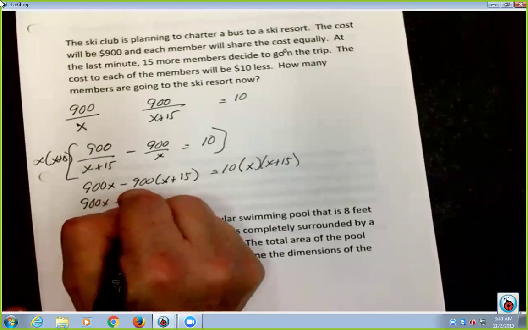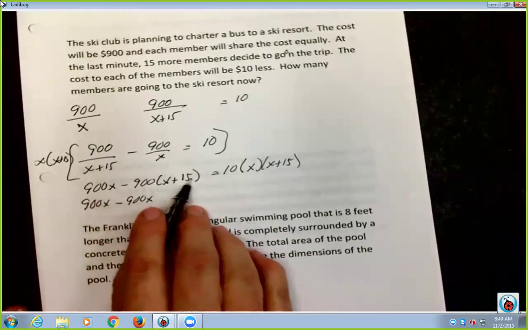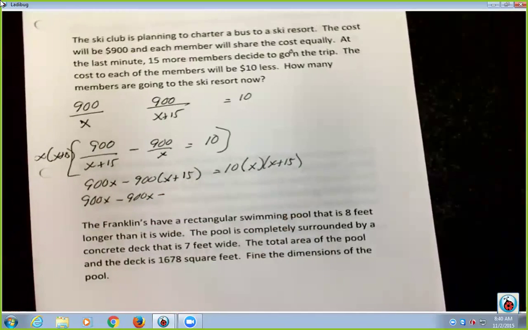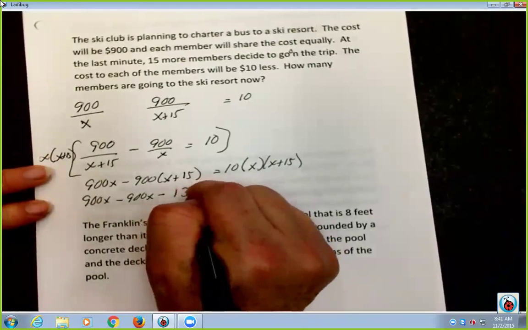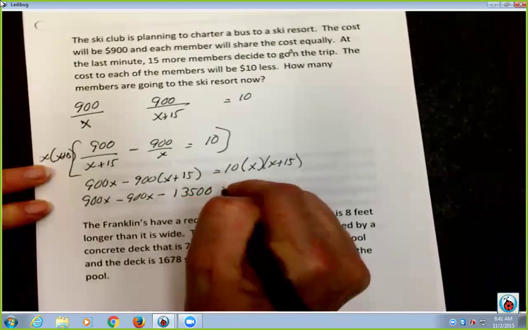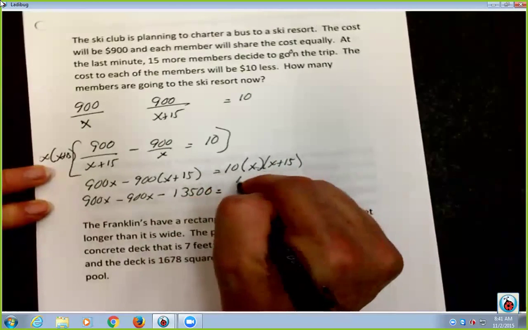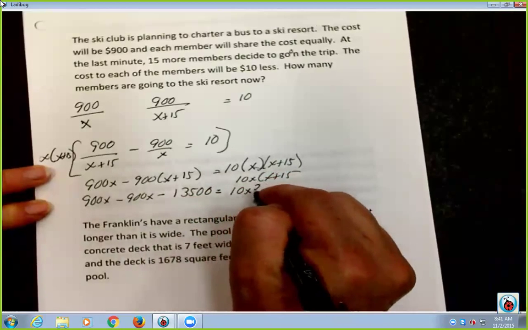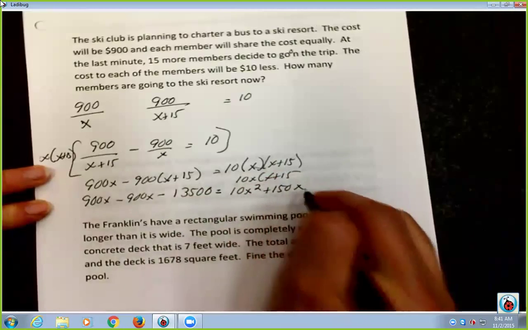900 times x is a minus 900x. 900 times 15 is a negative, oh, let's get my calculator over here. It will equal 13,500. 10x times x plus 15 gives me 10x squared plus 150x.